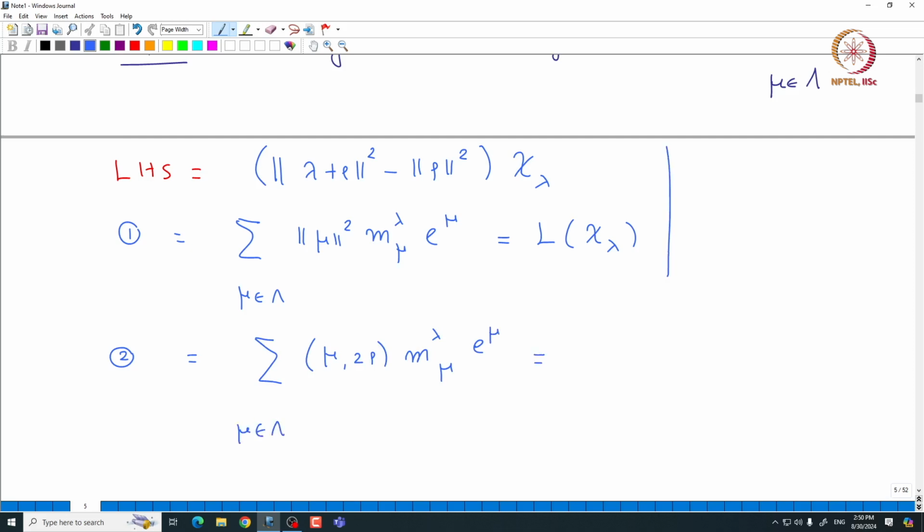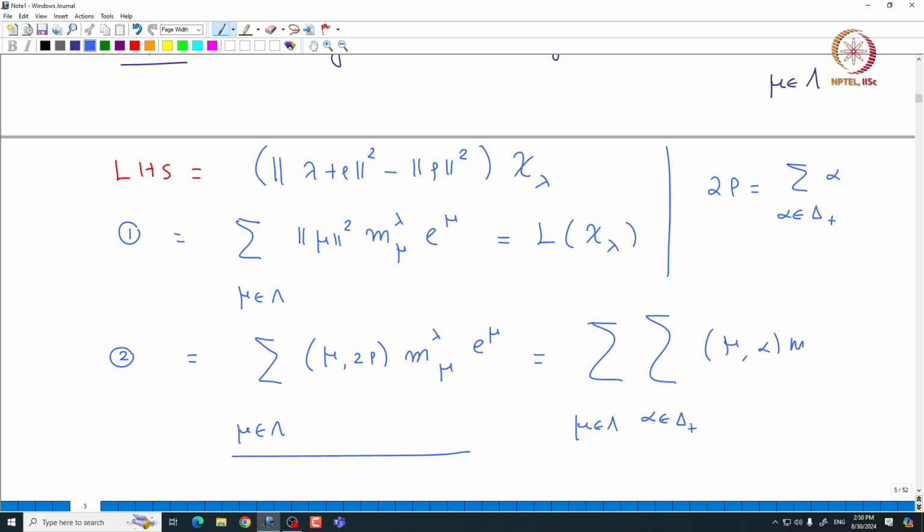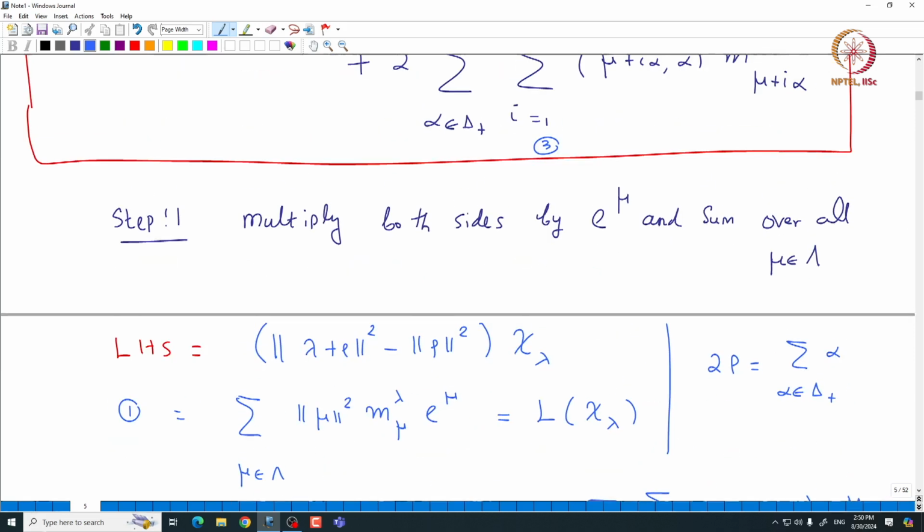Now one can use the following expression of 2 rho to rewrite this sum. 2 rho is nothing but the summation over alpha in delta plus. If you use this, then you can rewrite this sum as the summation over mu in Lambda and alpha in delta plus of the inner product of mu comma alpha times the multiplicity of mu in V lambda times e power mu. So, this is the simplification that we get for the second summation.